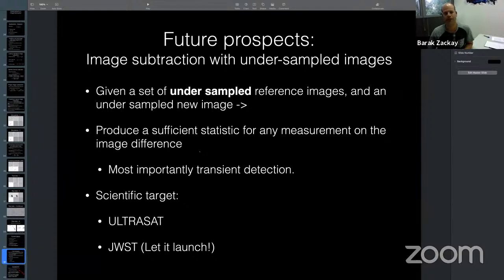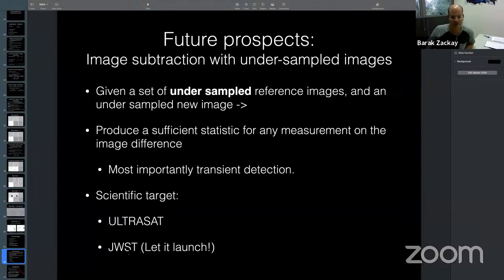We will have to find a way to make the references good enough so that any possible orientation that you take as a new image is usable. In order to do this, you need to produce some sufficient statistic of many different orientations and have it ready in order to detect the neutron star merger that is now happening, triggered by LIGO.